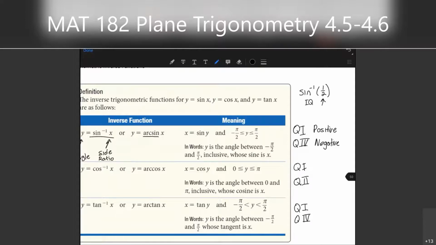The only way I get a positive ratio for a sine function is if that resulting angle, if this is equal to theta, is in the first quadrant, or Q1. So that will be that positive case. If it's a negative ratio, we know the resulting angle is going to be in the fourth quadrant. Are there any questions with that distinction?